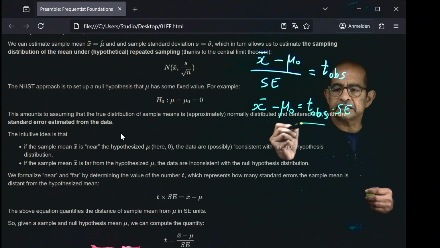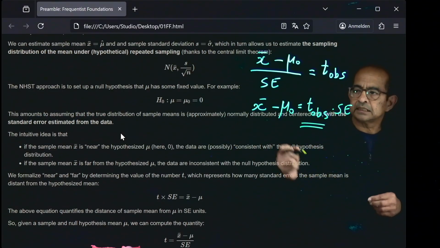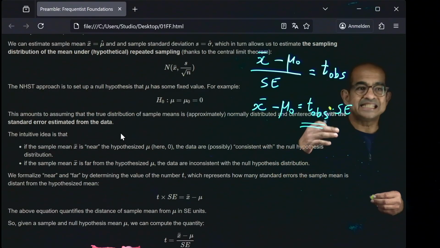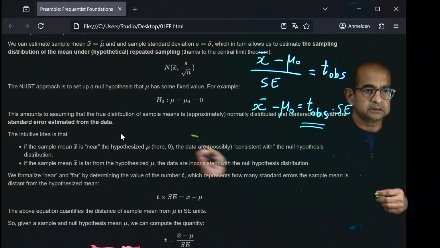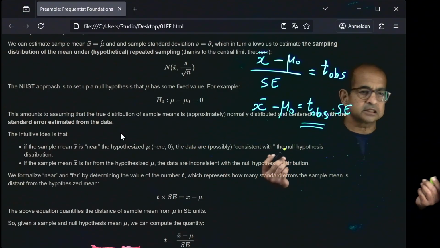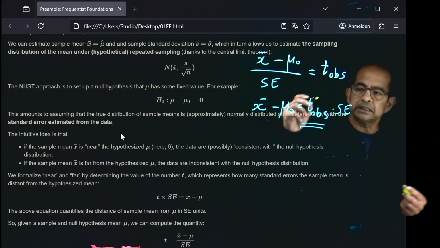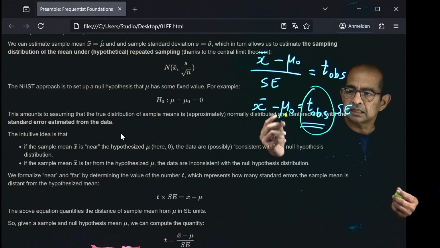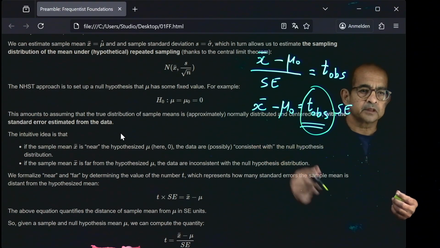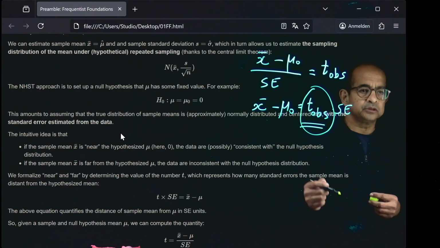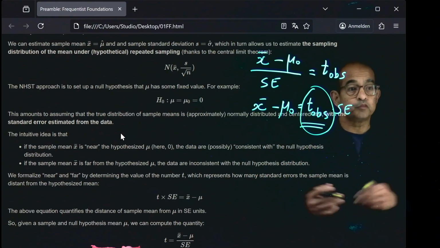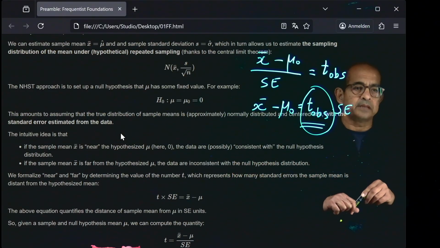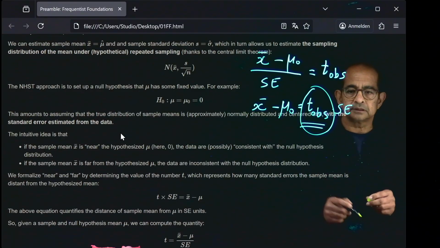So when we calculate this t-value, what we are saying is that the distance between the sample mean and the hypothesized mu value is t standard errors. And so the hypothesis test basically now amounts to saying the following: if this t-value is large, then we will reject the hypothesis that the true mu is mu 0. And if the observed t-value is not large, then we won't be able to reject the null hypothesis mean. That's the basic idea.